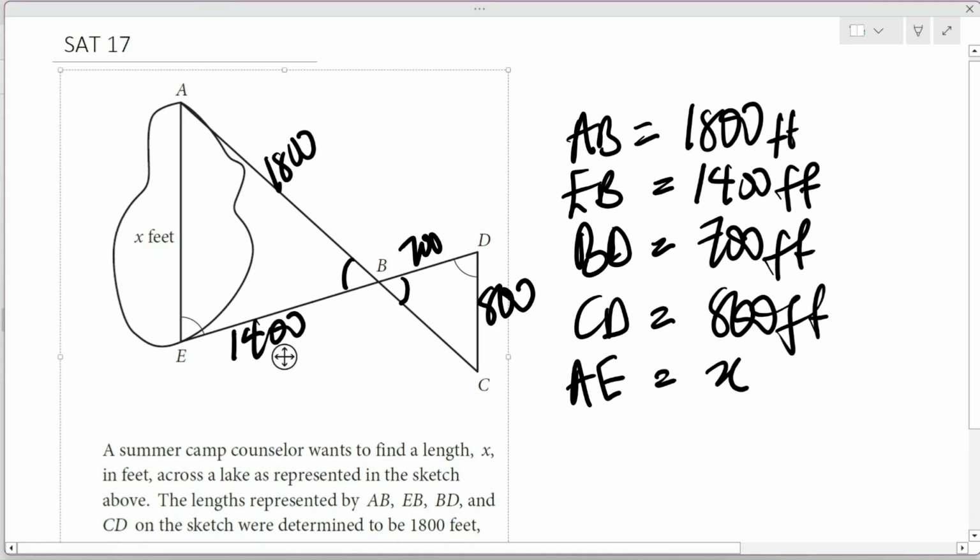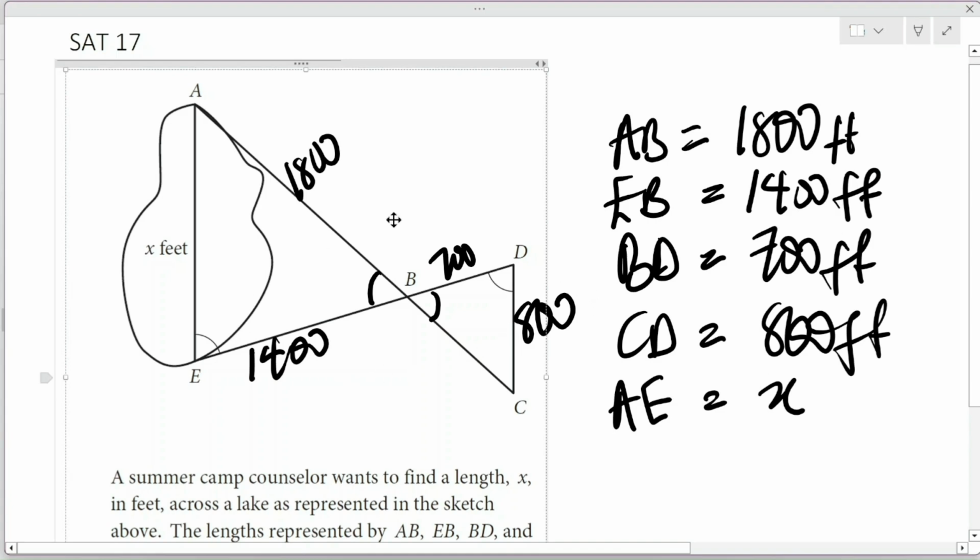Note that with this we can find x, and also note that AB is similar to BC. EB is similar to BD. That line EB is similar to line BD. And finally, line AE is similar to line DC.